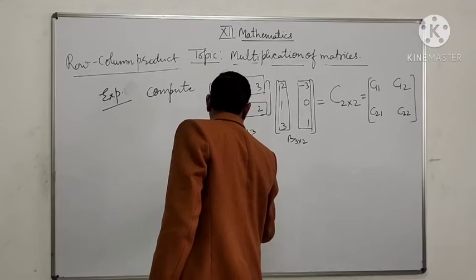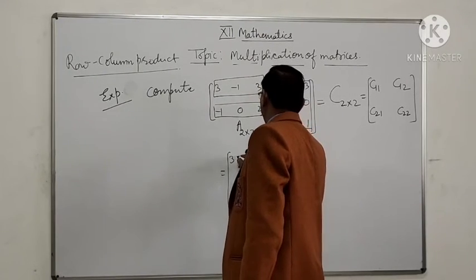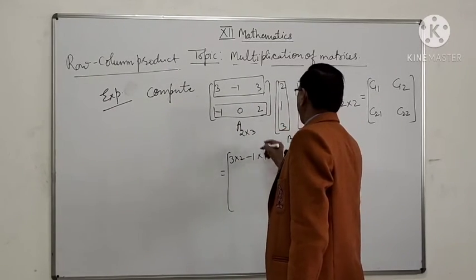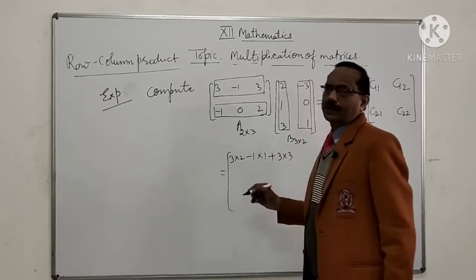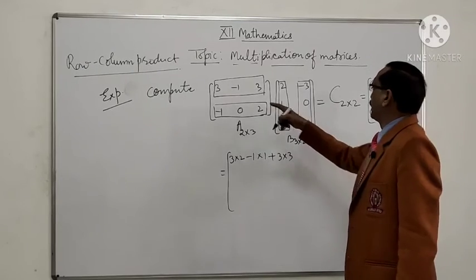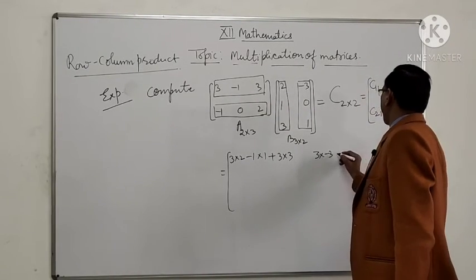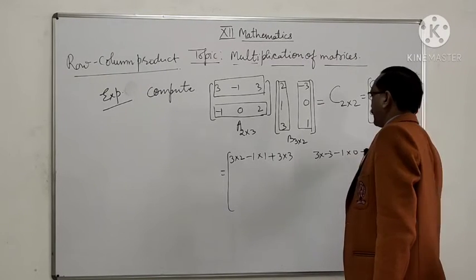Then C11 we will write as 3 into 2 minus 1 into 1 plus 3 into 3. This is the first element, or we can say it is C11. Then 3 into minus 3 minus 1 into 0 plus 3 into 1.